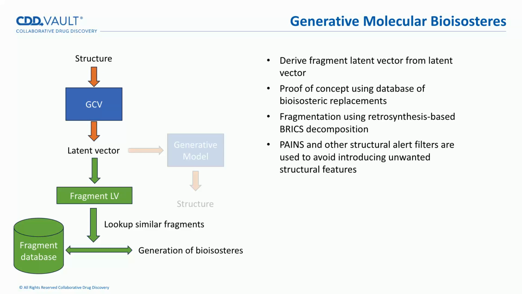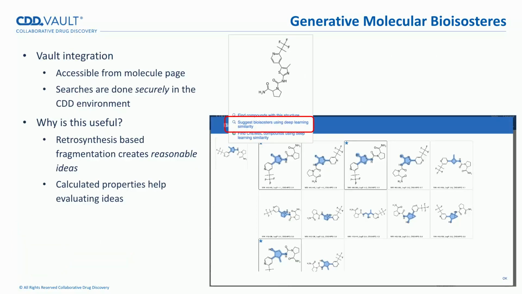And we also use the PAINS filters by Jonathan Baell and other structural alerts to avoid that we introduce novel additional structural alerts. If your structure already has structural alerts, you're on your own. This is how we integrate it, and it will come to CDD Vault soon, or it's actually almost there.